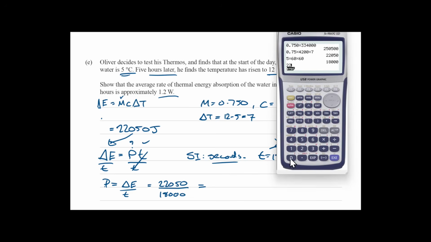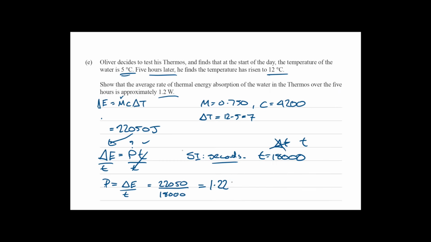So 22050 divided by 18,000 is 1.225. So comparing that, that's going to be watts. So that's going to be equal to 1.2 watts at one decimal place, or two significant figures.